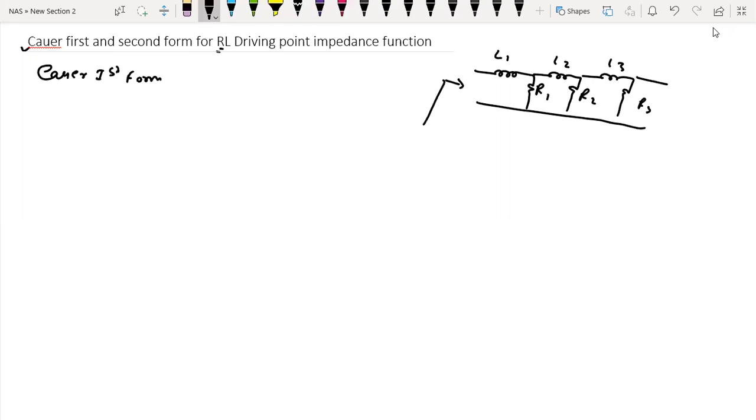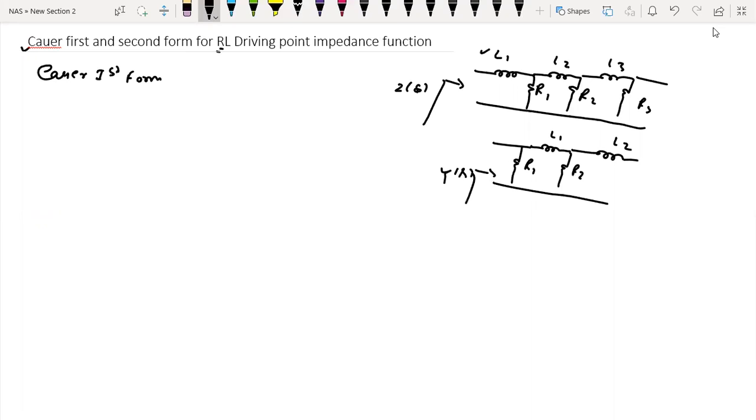If the starting element is inductor, then the form is done for the ZS. And if the starting element is R, as R1, L1, R2, L2, then the form is done for the YS. And how can we decide whether the form is done for the ZS or YS?